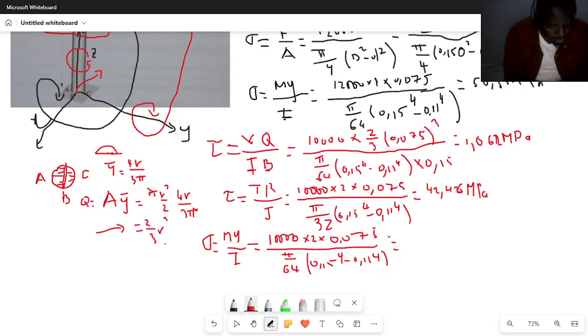I'm getting 28.31 MPa. 28.31 MPa. Did I do something wrong, good people?